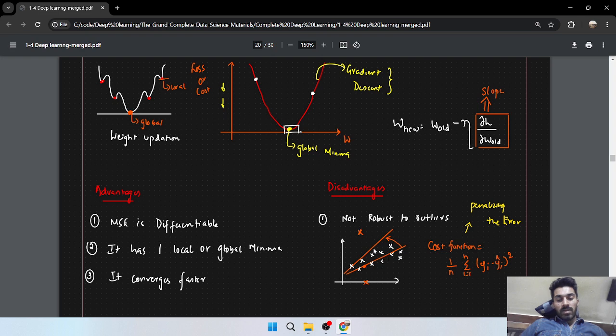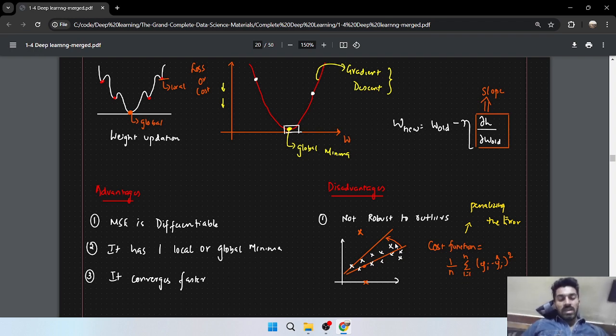This point will give some error according to this line, so to penalize this error, our model will be shifted toward it. The gradient descent will shift accordingly, so our model will not work well because of this outlier. This is the problem in gradient descent.